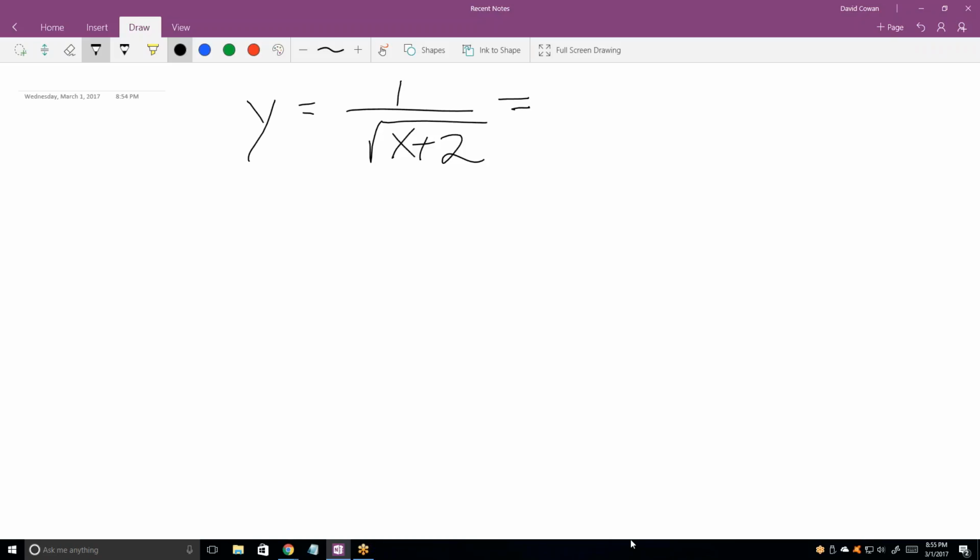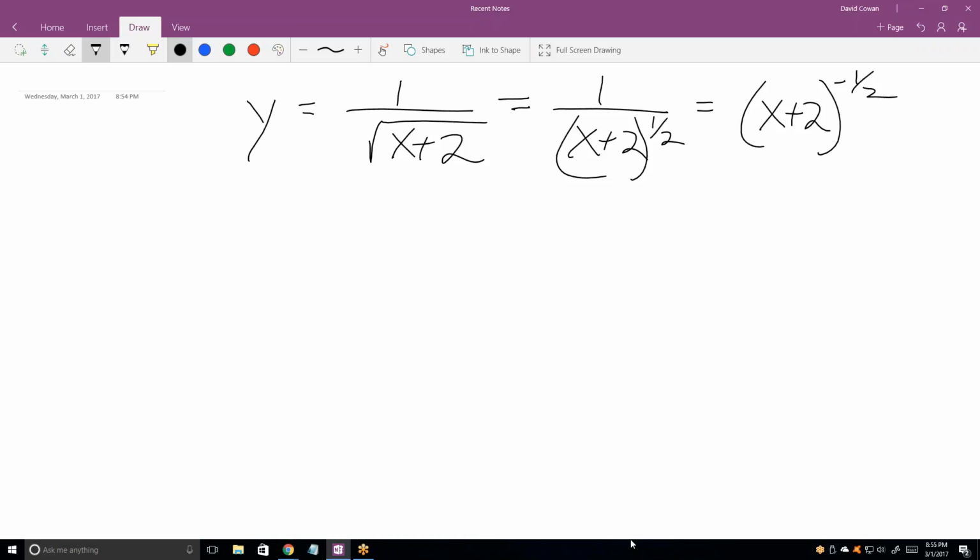So 1 over x plus 2 to the 1/2. Now let's write that with everything in the numerator so I can use the power rule. I don't need the 1 anymore. It's x plus 2 to the negative 1/2. That's what negative 1/2 means, that it would be in the reciprocal. Now I can use the power rule and the chain rule.